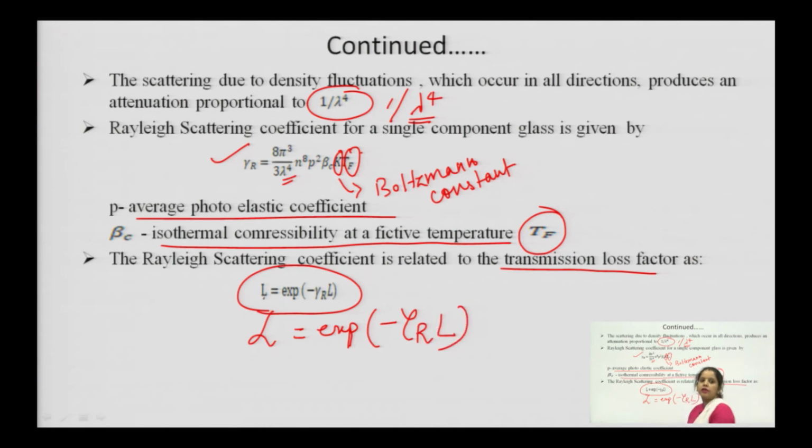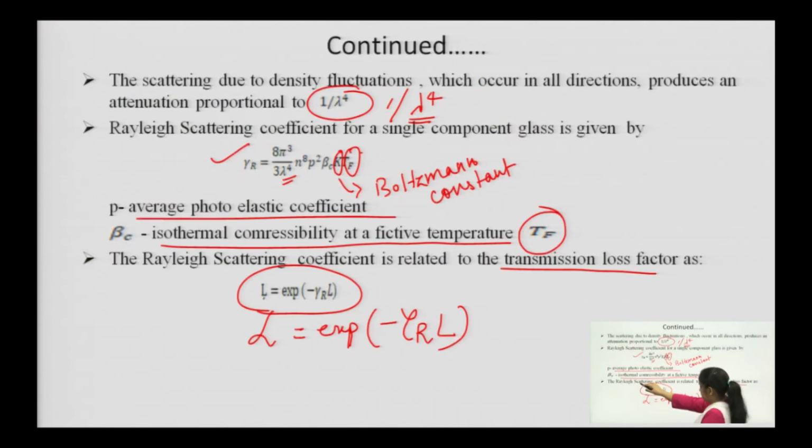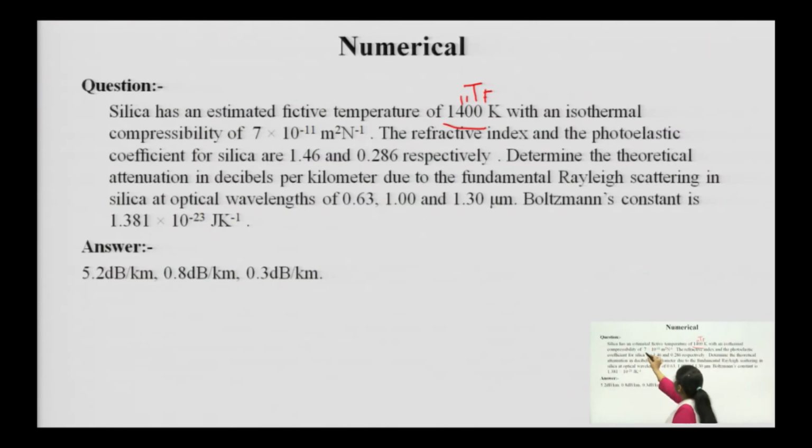After getting the transmission loss factor we can calculate the attenuation, which I am going to discuss with you in this particular numerical. So, what is given in this numerical? Silica has an estimated temperature Tf and has an isothermal compressibility, which is our beta c.